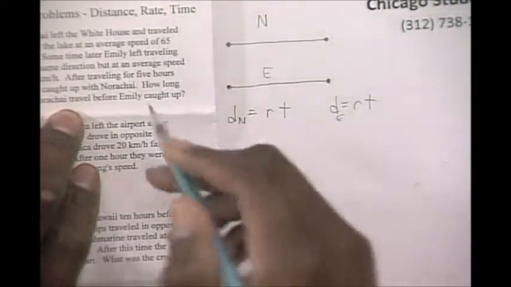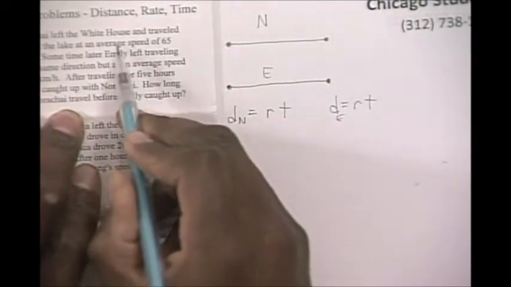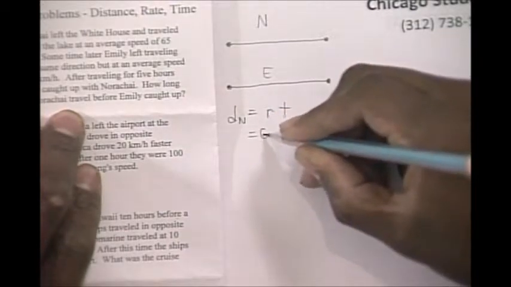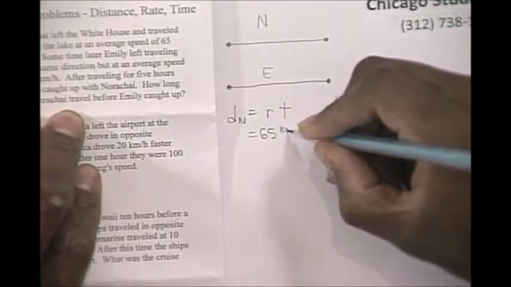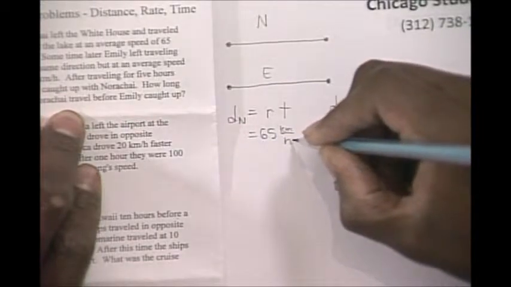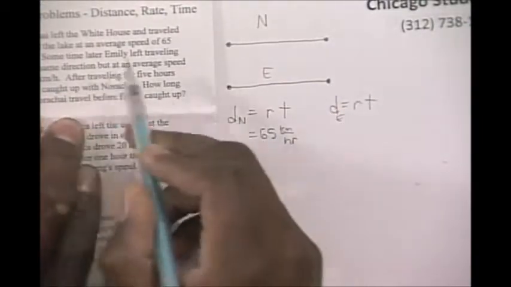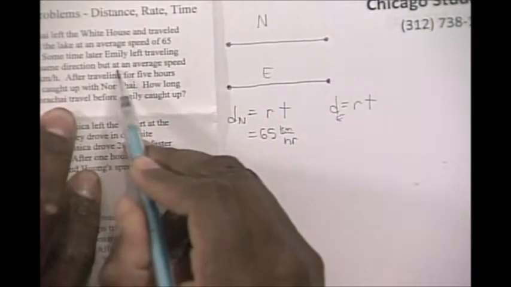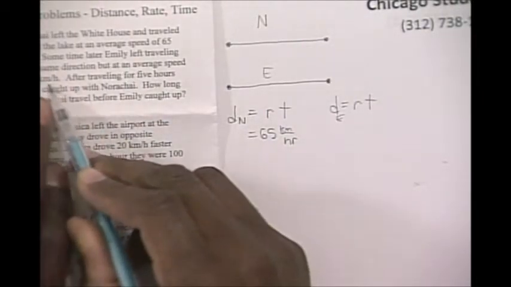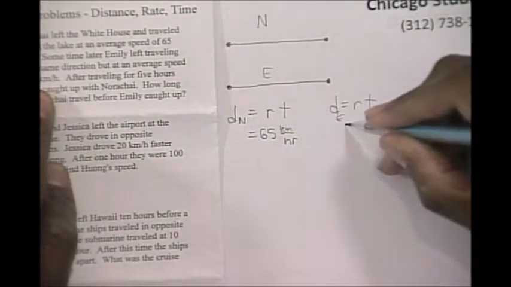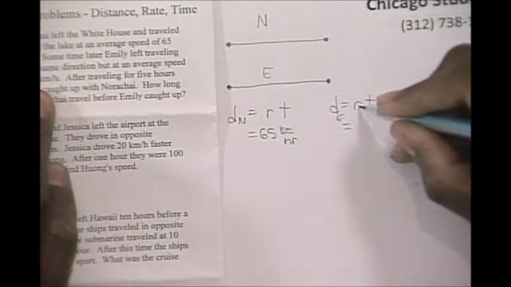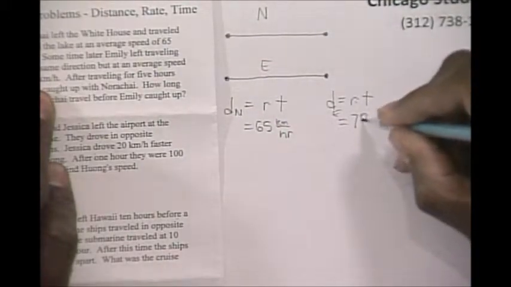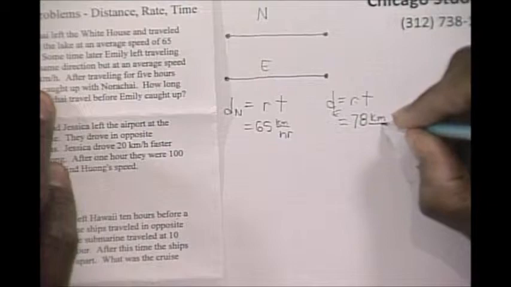All right, so this problem gives you the average speed of Norichi. So let's substitute that into the rate, which is 65 kilometers per hour. And then it says sometime later, Emily left traveling in the same direction, but Emily had a different speed. So Emily, let's substitute into R here. Emily had a speed of 78 kilometers per hour.